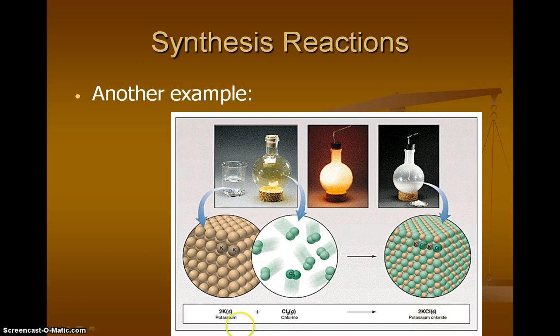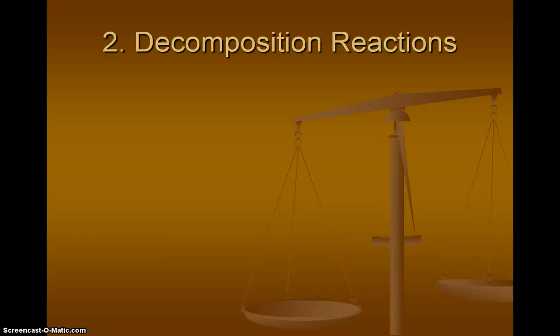Then we go back and balance in order to make sure we've got the same amount of things on the left as we do on the right. But the most common error with these kinds of reactions and writing products is people just want to stick those 2 together and say KCl2. But KCl2 is not the actual formula for potassium chloride. So just remember that you use your formula writing rules when writing products.